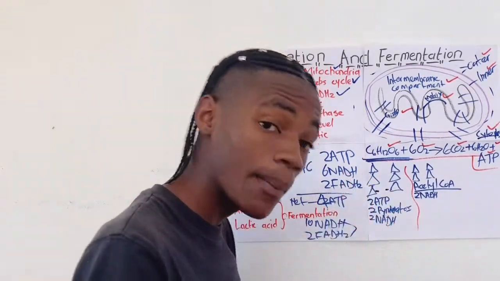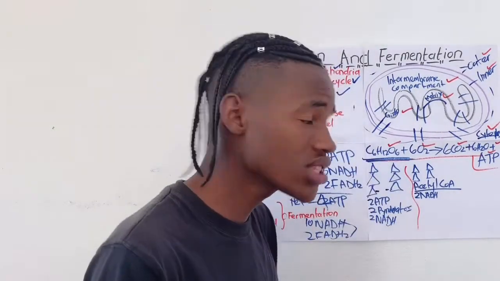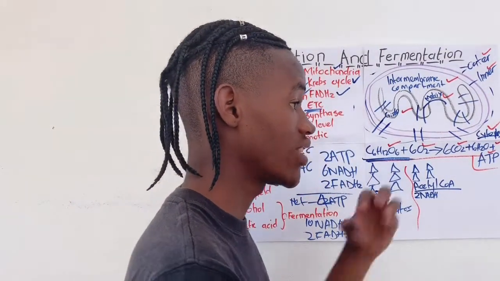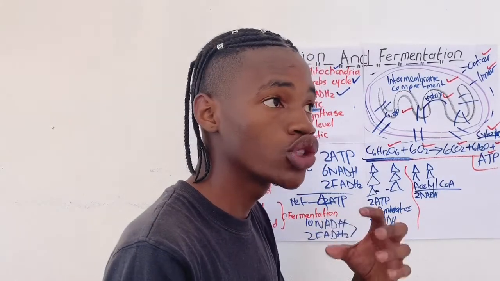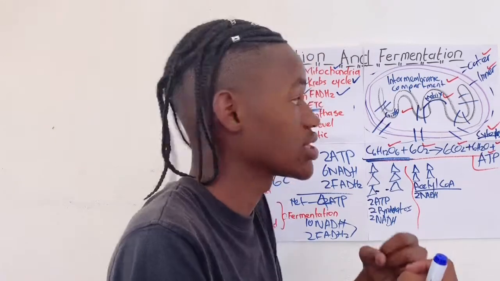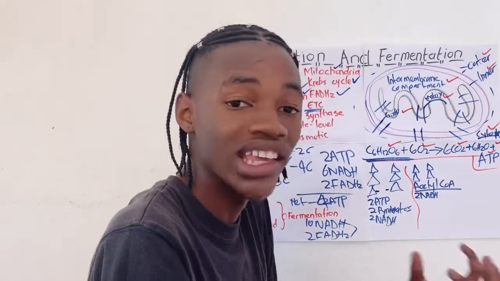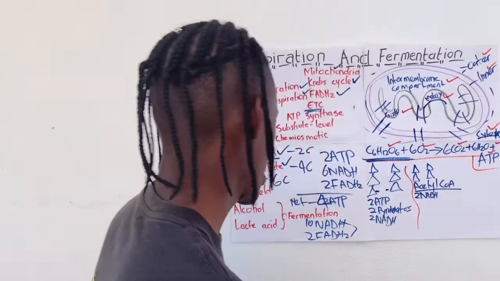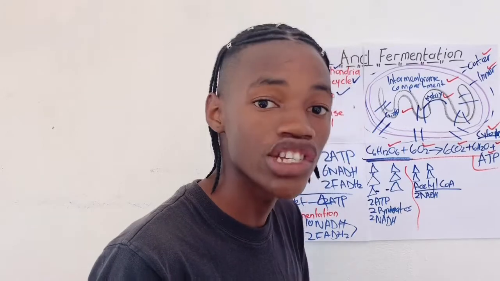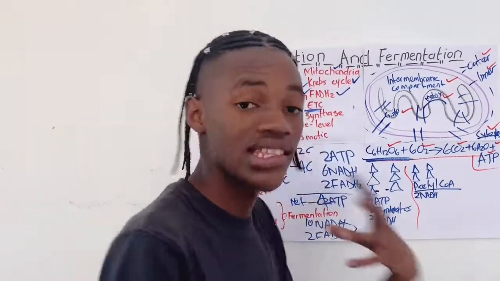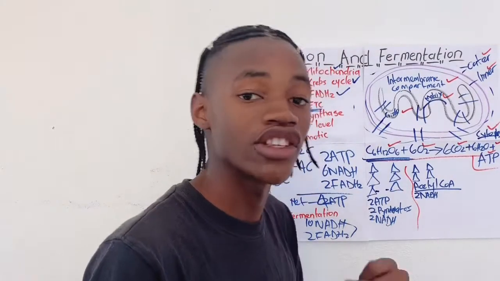And then what happens in that situation, the first protein in the electron transport chain to accept electrons is this one, and it will get reduced by the electrons from NADH, and then NADH is oxidized. And then the second protein will accept electrons from FADH2, okay?